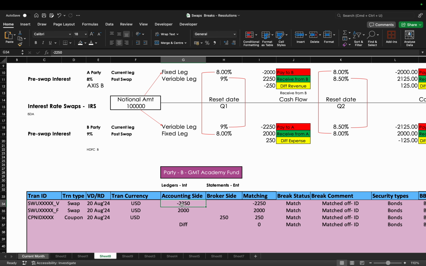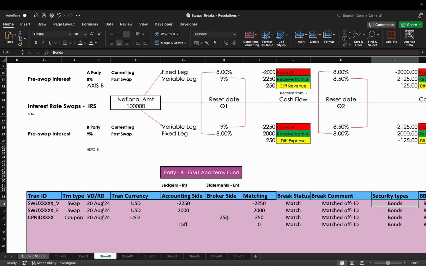We actually book those breaks in the system on swap IDs, and once you book it, it will reflect as a ledger. The broker will post the difference, and you can exactly match it and tie it out, and the same break you can match off.